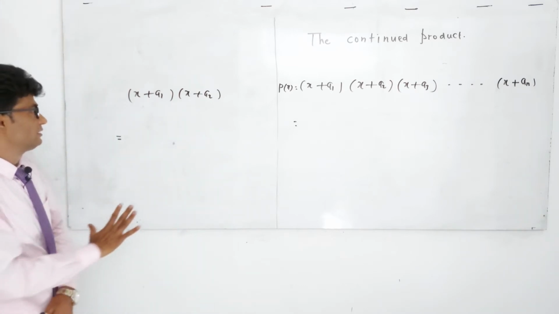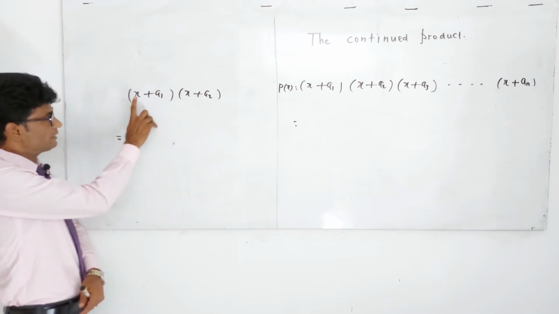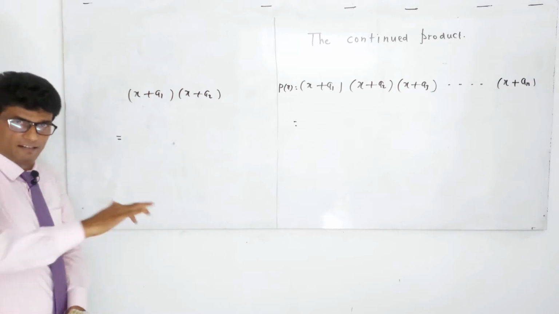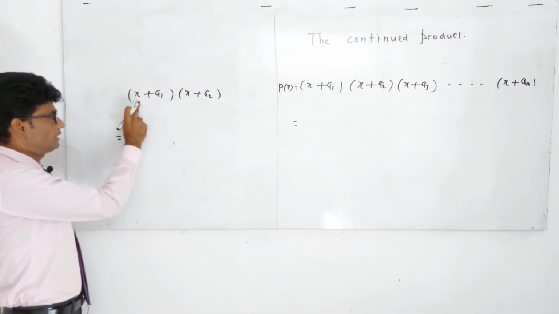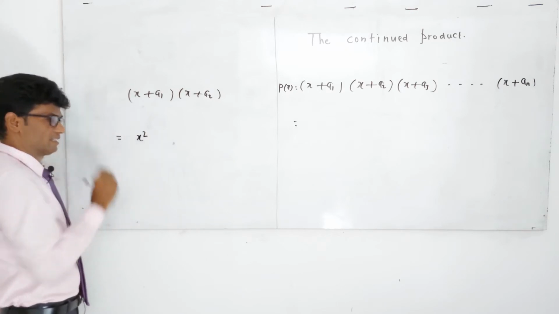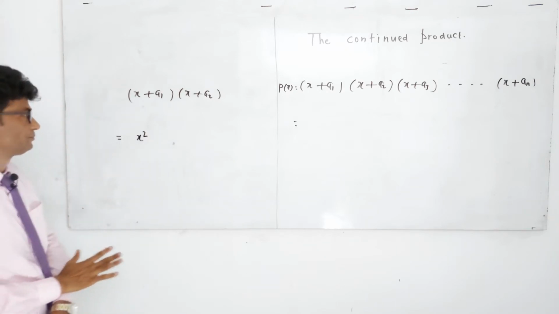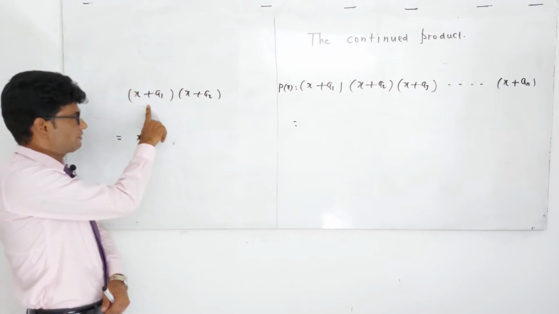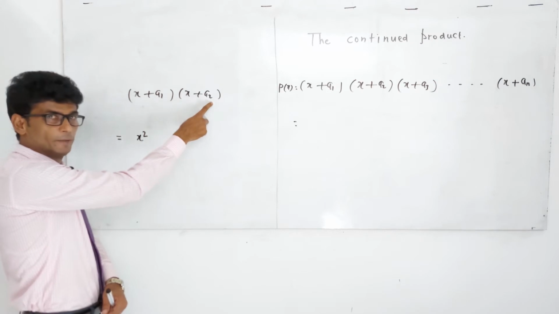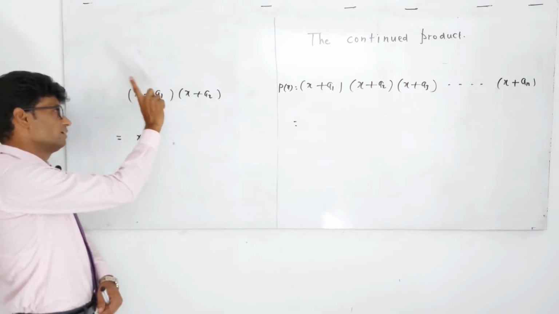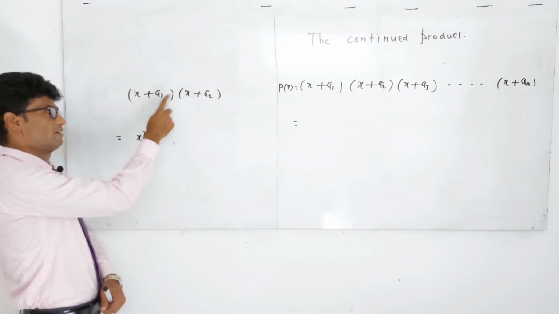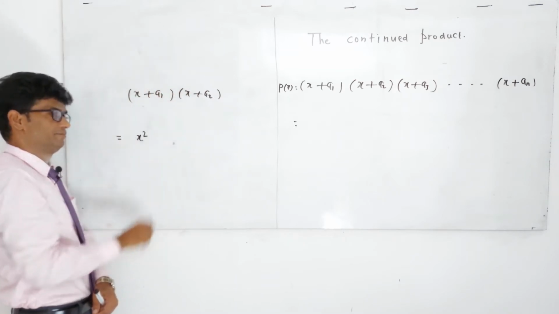So the trick is that firstly take x from each factor and then multiply and write. So x from this factor comes out to be x square. Now x from this factor and number from that factor, so x into a2. Now x from that factor and number from this factor, then x a1.